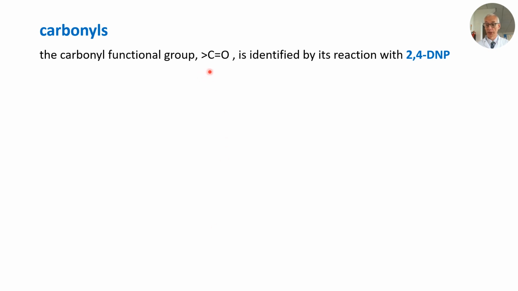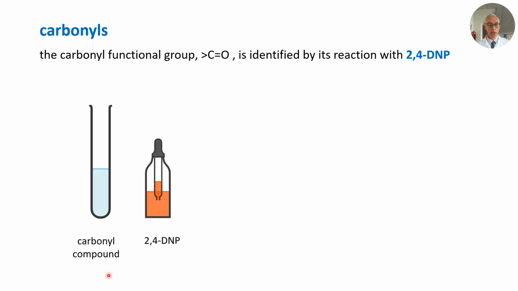The carbonyl functional group is identified by its reaction with 2,4-DNP. So this reaction will be shown both by ketones and by aldehydes. Carbonyl compound, aldehyde or ketone, and 2,4-DNP, dinitrophenylhydrazine.